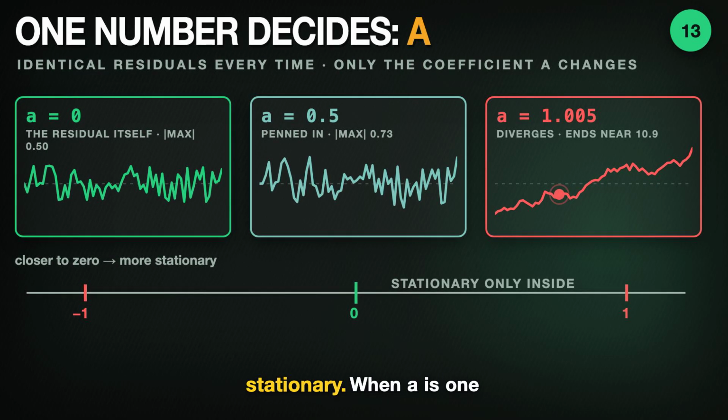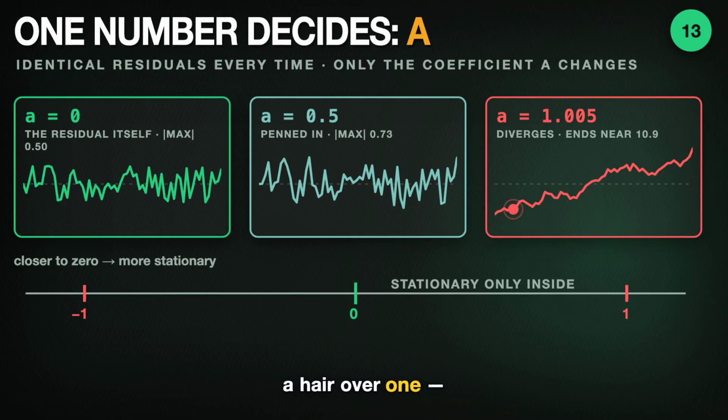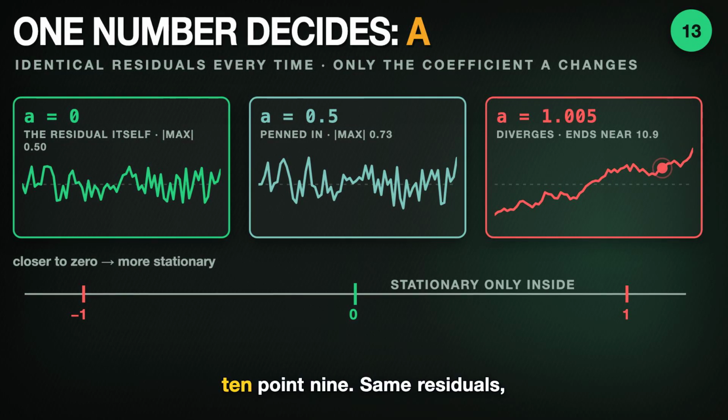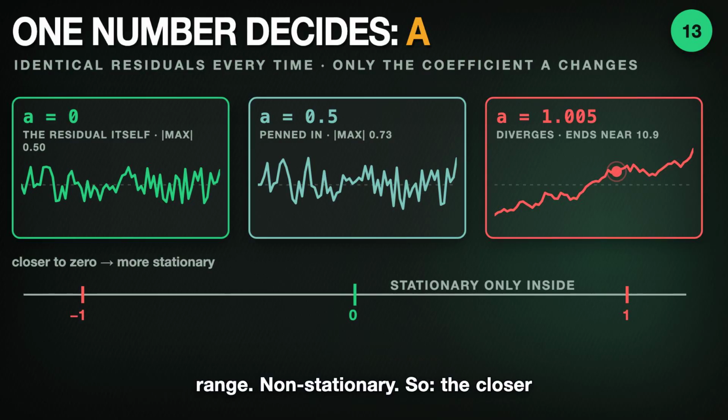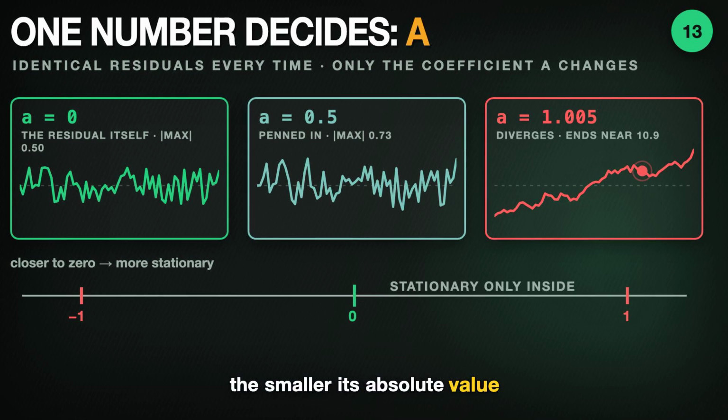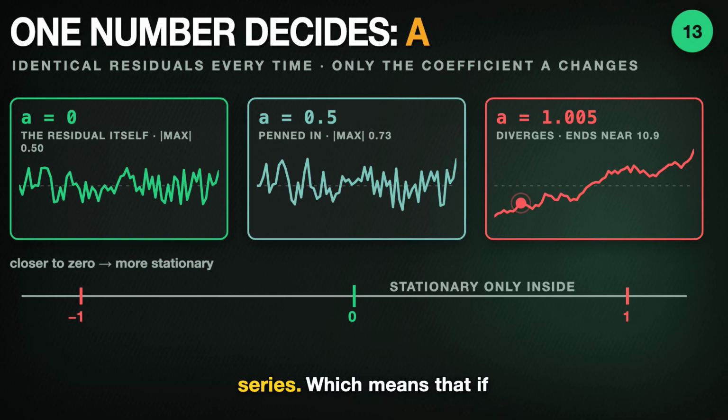Highly stationary. When A is 1.005, a hair over 1, the series diverges. 200 steps in, it's out at 10.9. Same residuals, more than 20 times the range. Non-stationary.